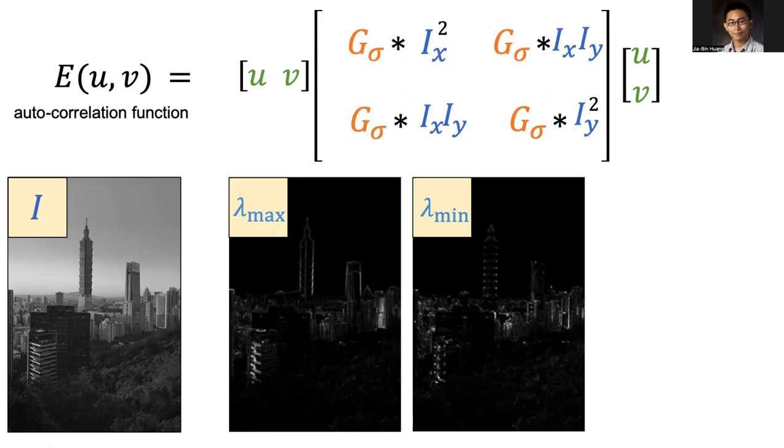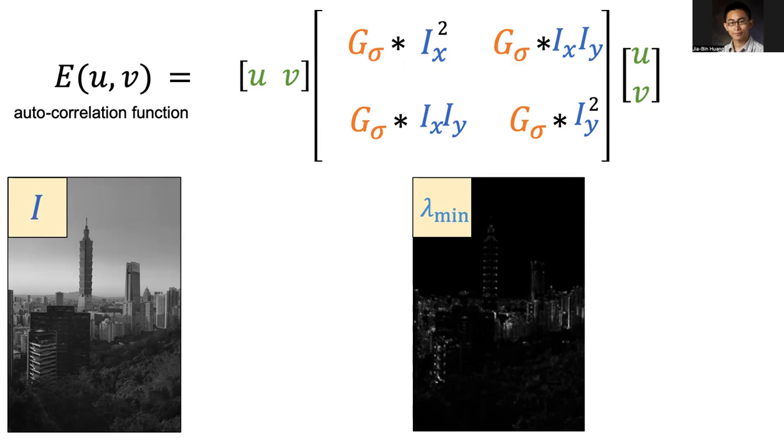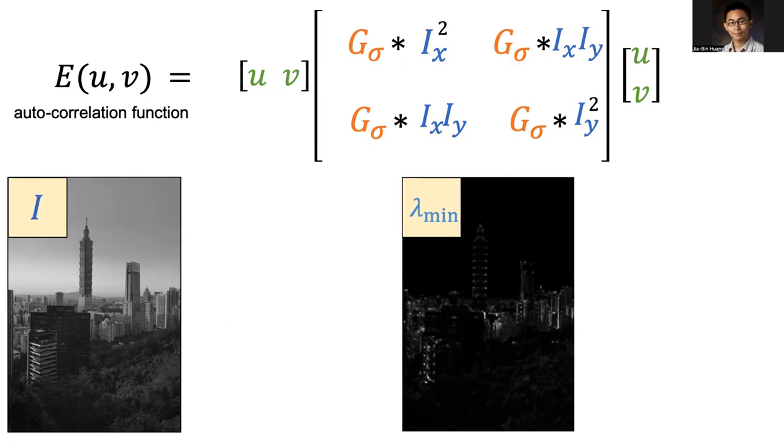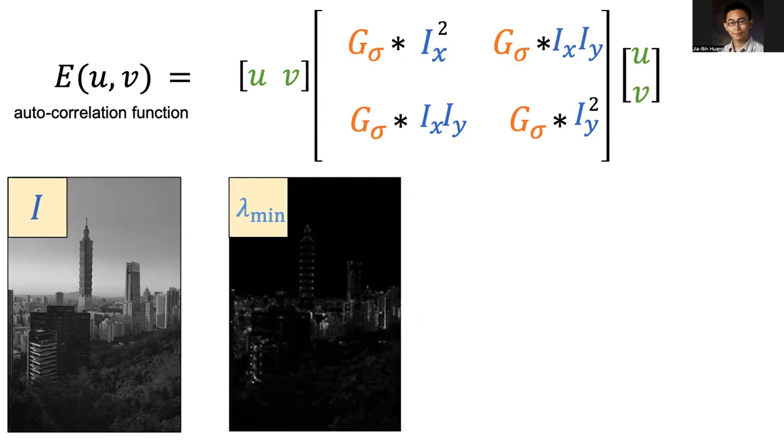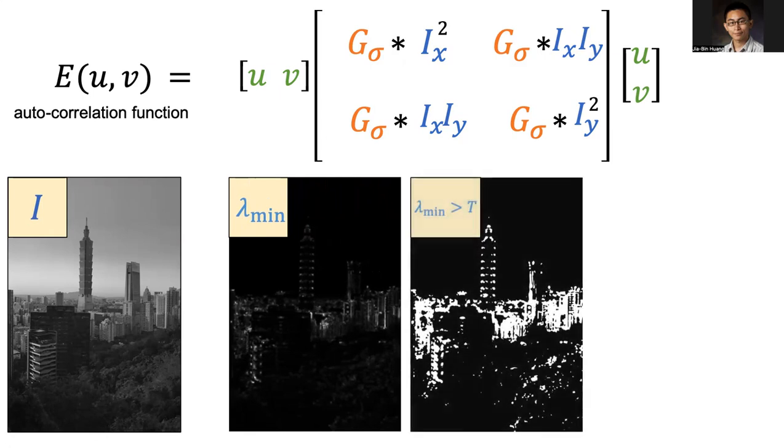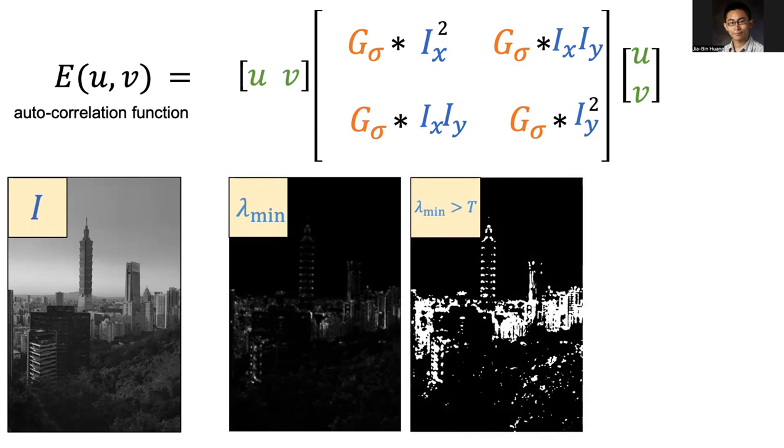It tells us the magnitude of change if I move in the least sensitive direction. And this will look like this. If you take this and directly threshold it, you'll get something like this.